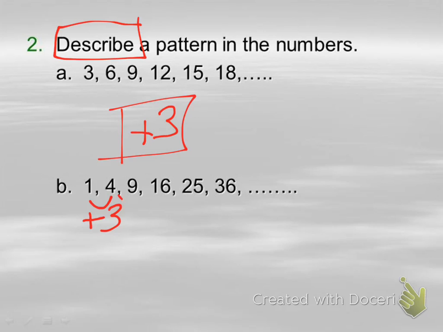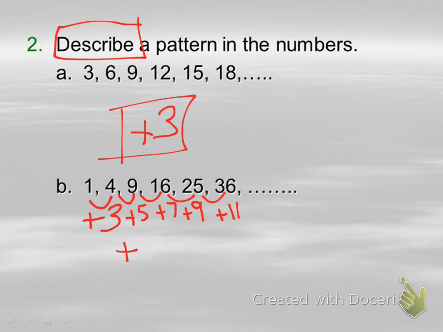Yeah, you're adding 3, then you're adding 5, then you're adding 7, then you're adding, what, 9? And then what? 11. So you are adding, I'll put a plus sign.